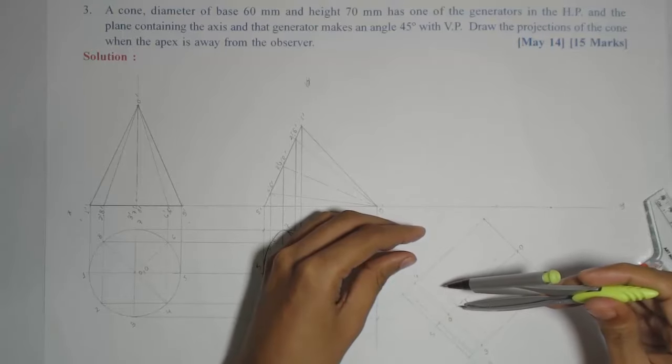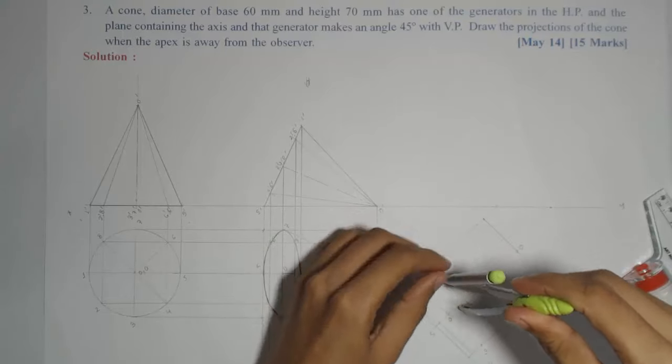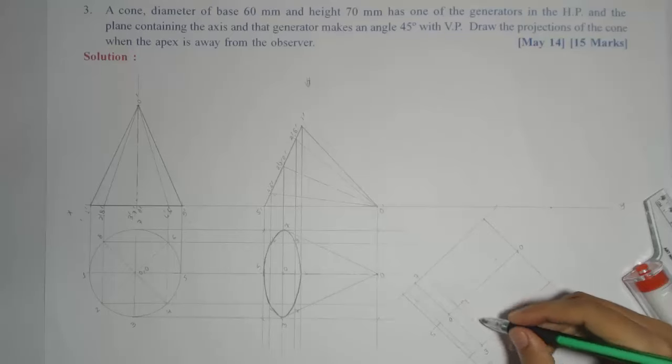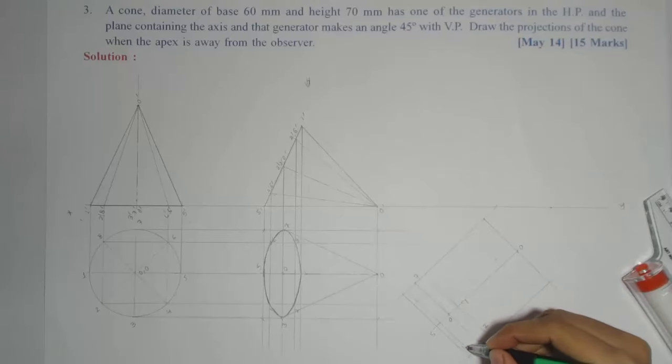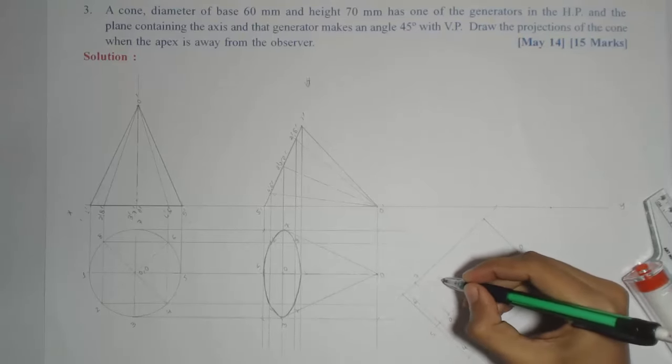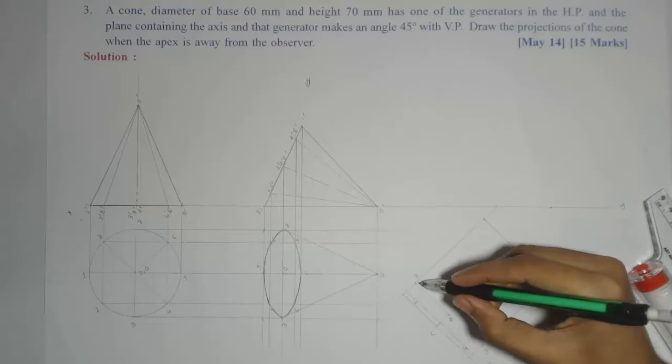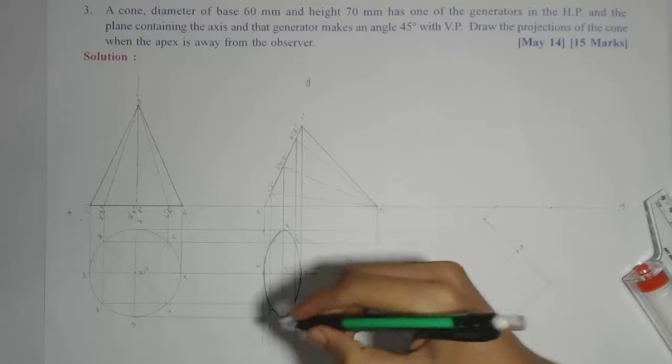Similarly, for this parallel line, the same distance is there. I will give the notations. So after 1, here it is 2, 3, 4, 5, 6, 7 and 8. They are in order. Now I will join by smooth curve and the entire ellipse is dark.